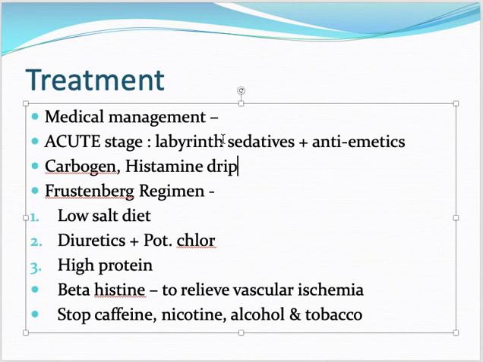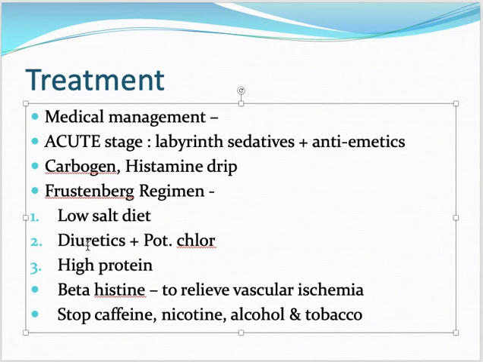Of course, this is the management of the acute attack, but whenever the patient is out of the acute attack, we have to go through a lot of measures, like a low salt diet. We can ask them, or we can put them on diuretics.